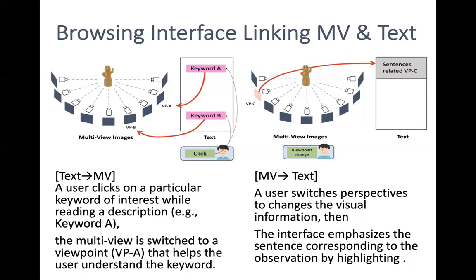As interaction from multi-view images to text, when the user switches perspectives to change the visual information, the interface emphasizes the sentence corresponding to the observation by highlighting the text.